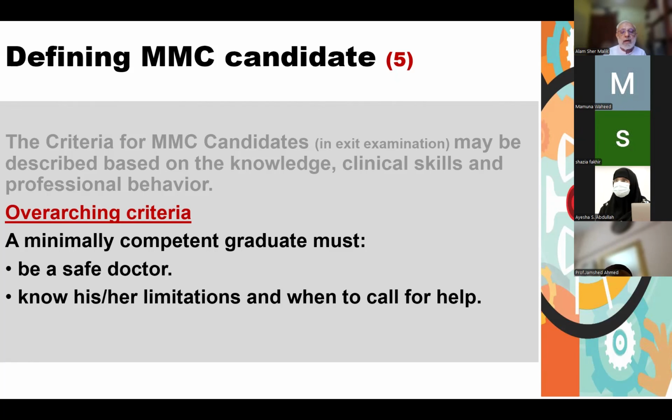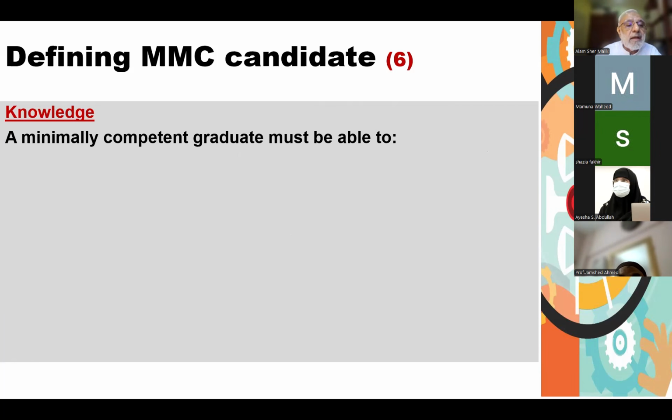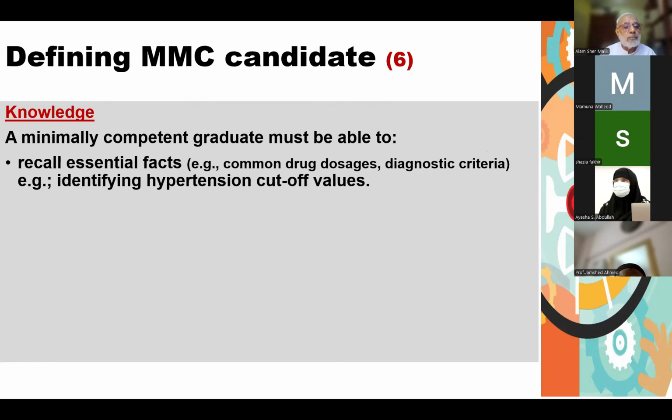Because these two are really important approaches for the safety of the patients who are going to be seen by these graduates. So they must be safe and they must know their limitations and where they need to call for help. This is the overarching criteria. The criteria in knowledge: a minimally competent graduate must be able to recall essential facts.